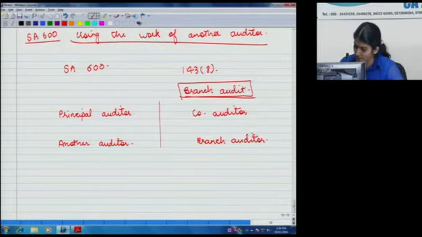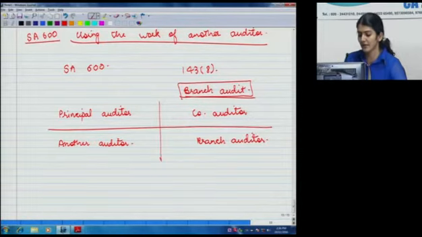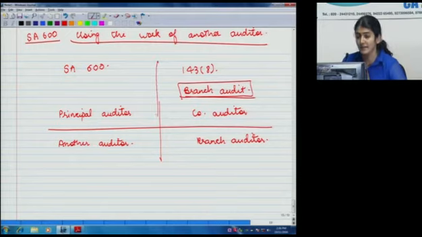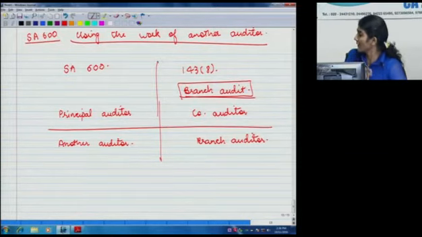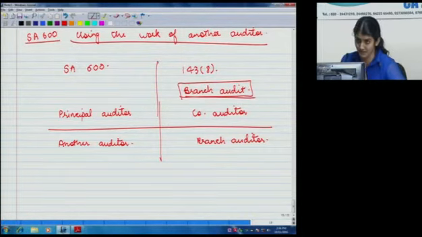SE 600 calls it the principal auditor and the other auditor who is doing the audit of the components. Components means he is doing the audit of the subsidiary, the division, the department, the branch of the company. Only the words used are a bit different.